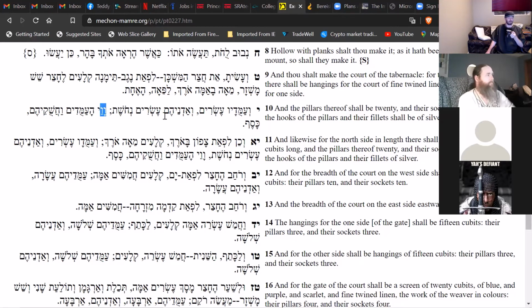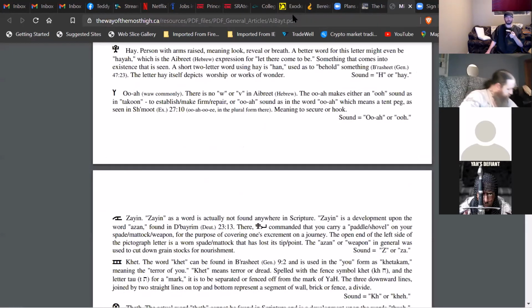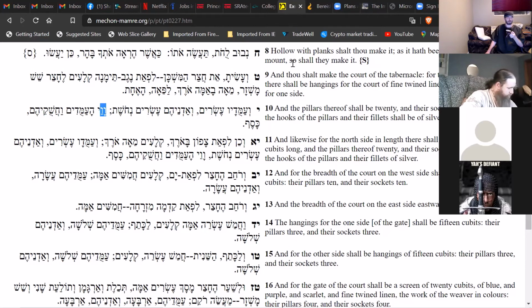So one hook or one tent peg would just be Vav, but then you add the letter Yod to make it the plural form. So again, this repetition uses the repetition of those two letters. I guess that's just to emphasize that they were making the tent firm. We're to put two of those hooks together.